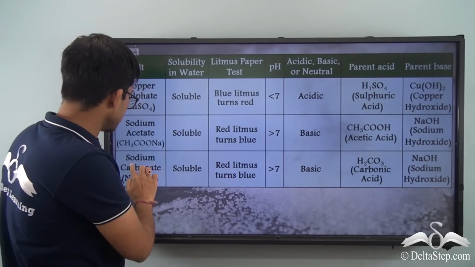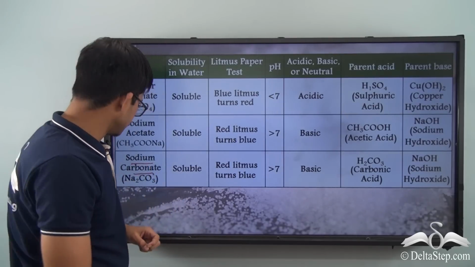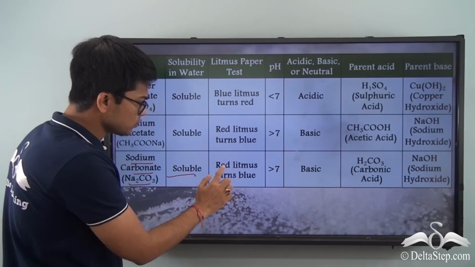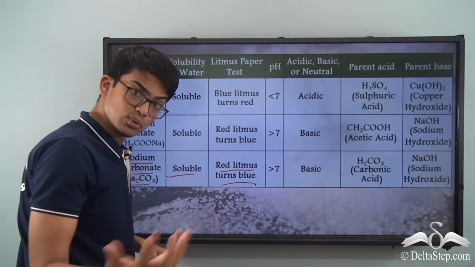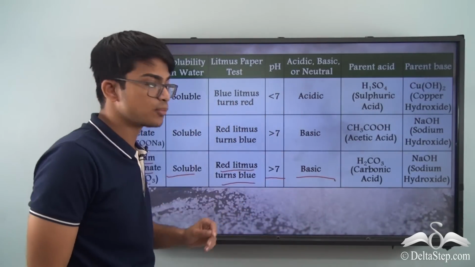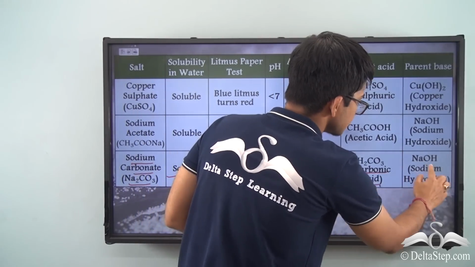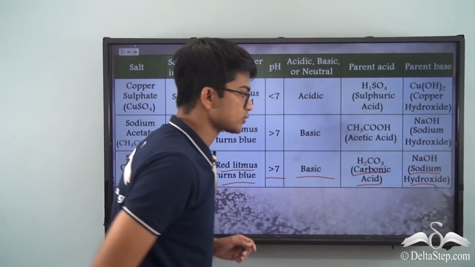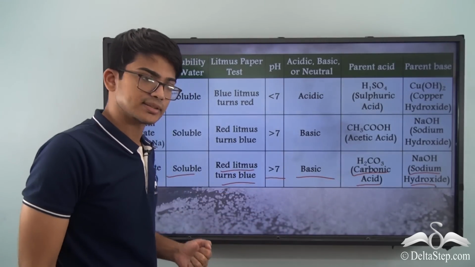Then we have sodium carbonate, which will follow a similar path, Na2CO3, it's soluble. Red litmus is again turning blue, the pH is more than 7 and it's basic, because again carbonic acid is a weak acid and sodium hydroxide, in this case also, is a strong base.